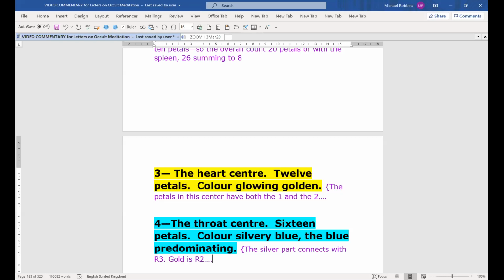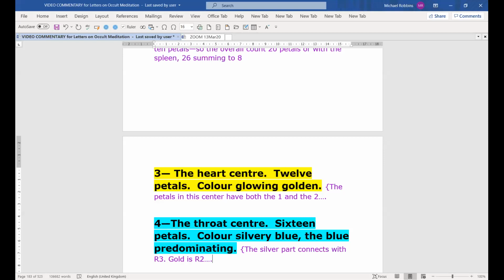So it's not the green, as we might otherwise expect, although it is a third ray center. And it's meant to be the place where the second ray, generically the soul, makes contact with the personality and uses the personality, which is generically on the third ray.